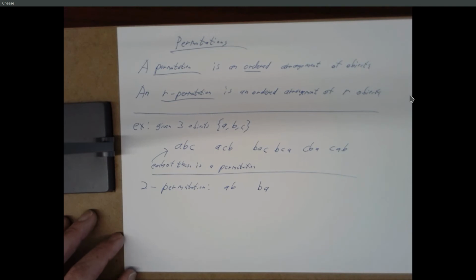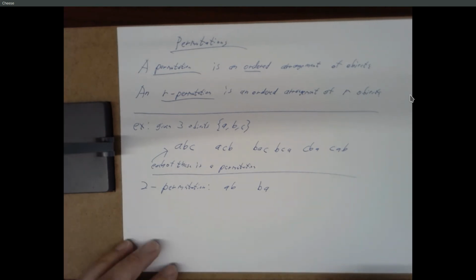What would be another one? Think simpler than that. Give me an ordered arrangement of 2 objects from that set.